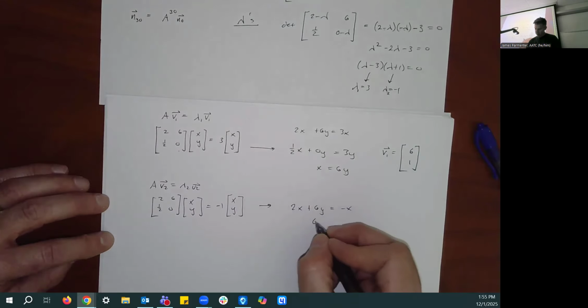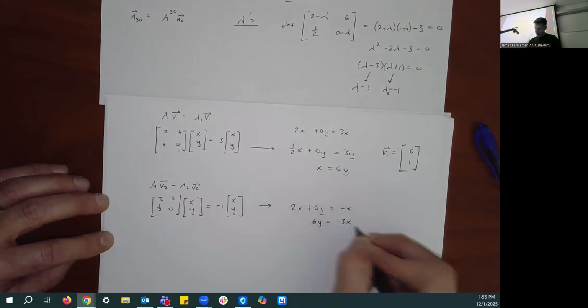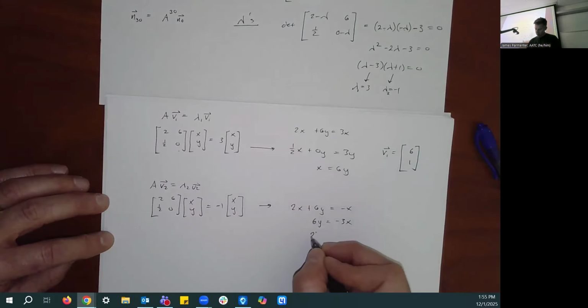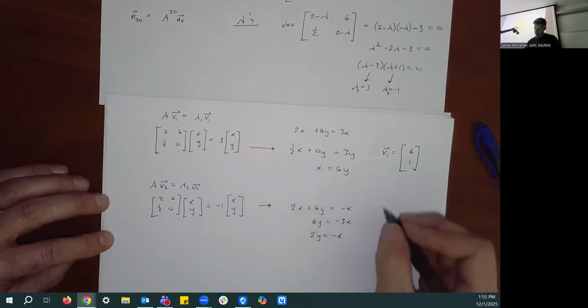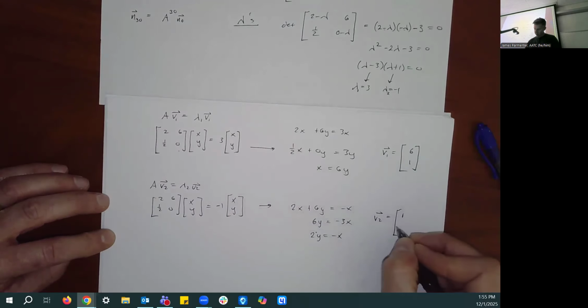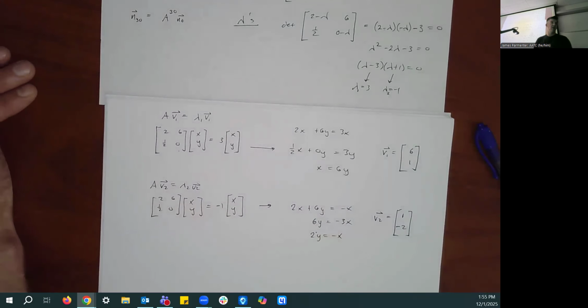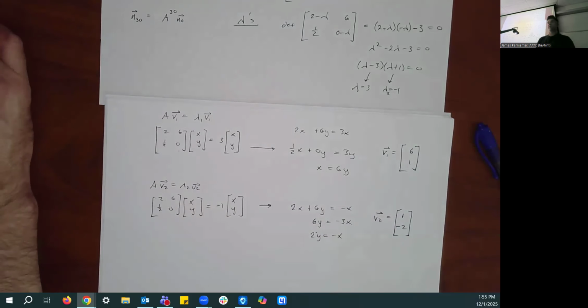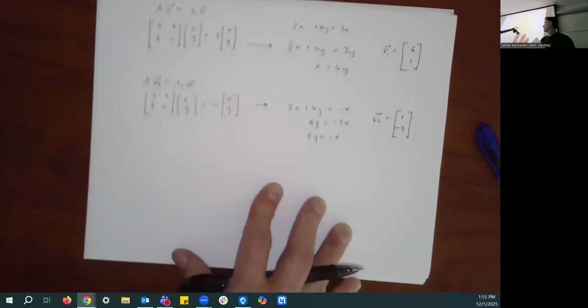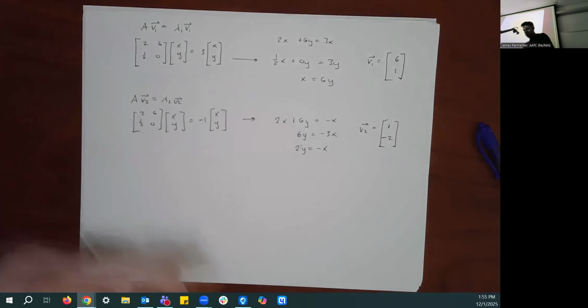Subtract 2x from both sides, you get 6y equal to negative 3x. Divide by 3, you get 2y equal to negative x. So my second eigenvector is going to be, I'm going to pick x equal to 1 and get y equal to negative 2. Or you could have said negative 1, positive 2, either way. Or literally any other non-zero multiple. I know I say that all the time, but it's true.